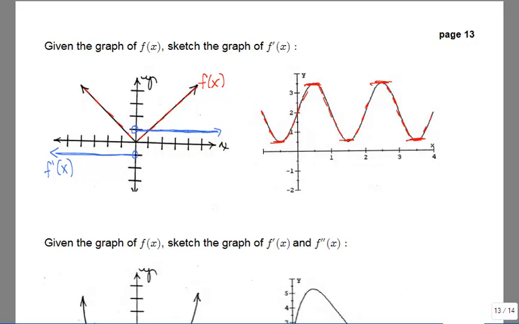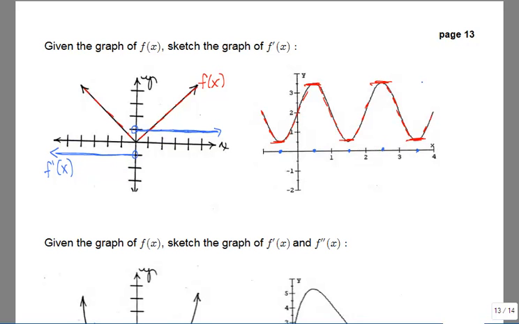My derivative for the y value that you're plotting is the slope of that line. So at this x value, the slope should be 0. So I'm going to be plotting a point with a y value of 0. At this x value, the slope is 0. So I want to plot a y value of 0 there. At this x value, the slope is 0. At this x value, the slope is 0. And at this x value, the slope is 0.